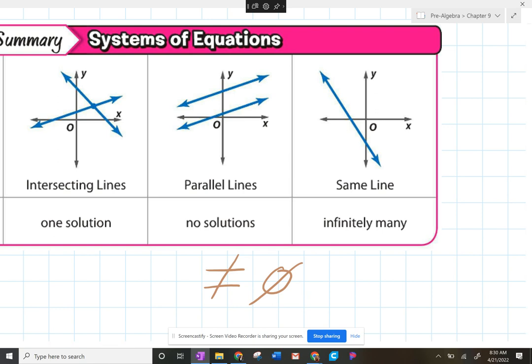And then if you want to write down infinitely many, does anybody know the infinity sign? It's a sideways figure 8. Infinitely many is written like that. Okay? So you can write infinite, you can write no solution, or if you want to write one of these symbols, these mean no solution, these mean infinitely many. Just wanted to show you some of those math terms.